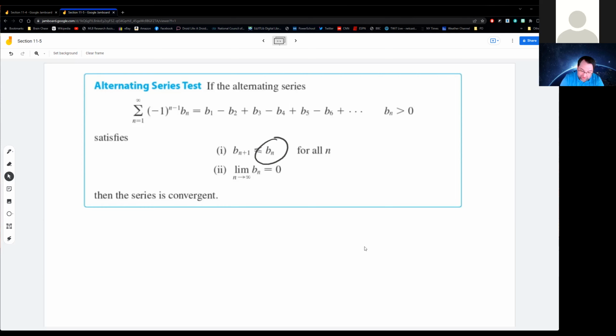It's the thing that's after the alternating piece. So we're going to ignore the -1 as long as my terms are getting smaller as they go. That satisfies criteria number 1. Criteria number 2 is the limit has to equal 0. So the limit of that sequence of just Bn has to equal 0. If both those are true, the series is convergent.